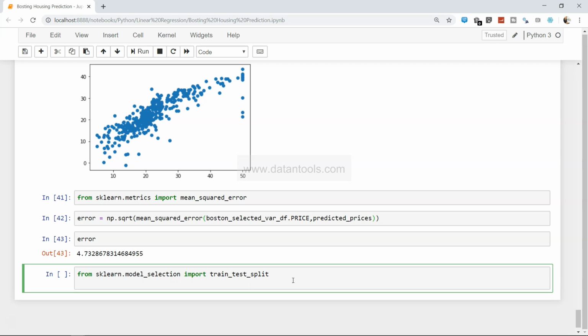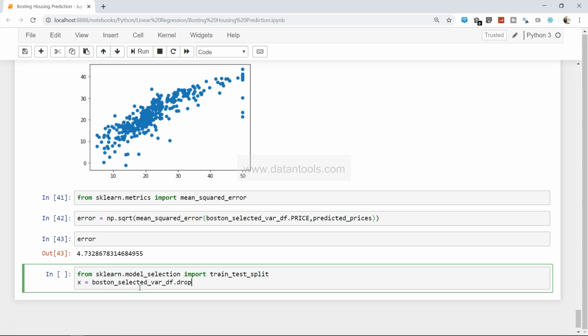All right, and now we need to identify the dependent and independent variables. So we say X equals Boston, and in X, the independent variables, we need all the variables but not the price variable.